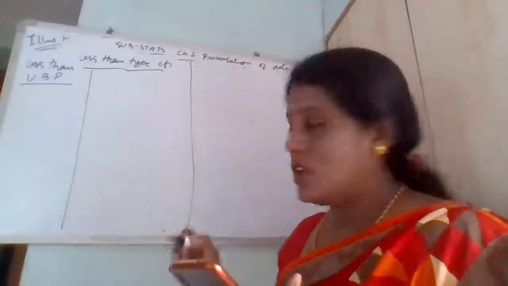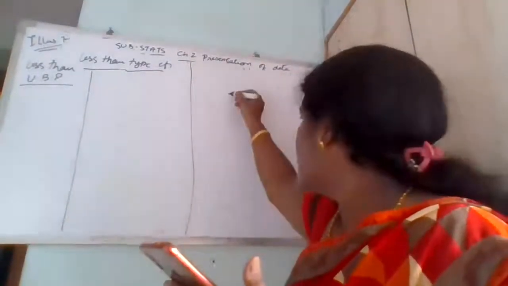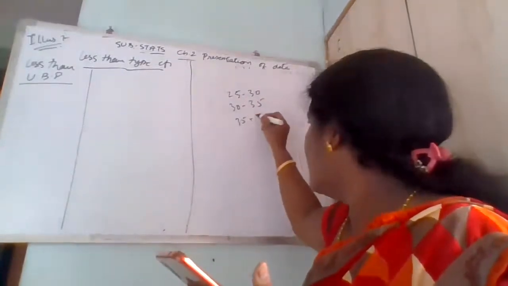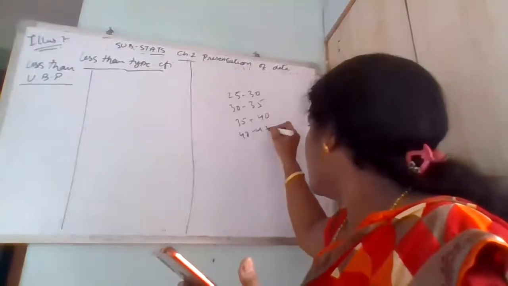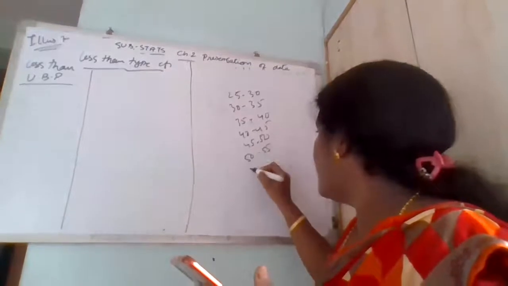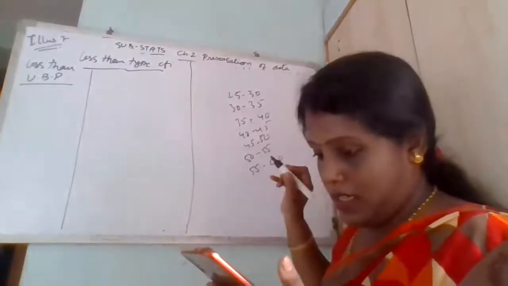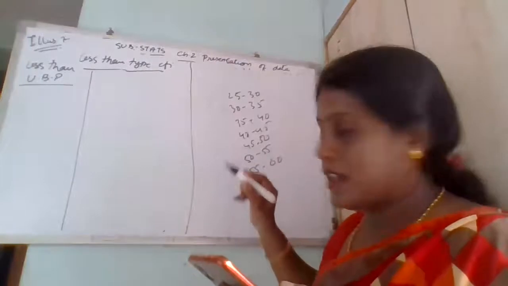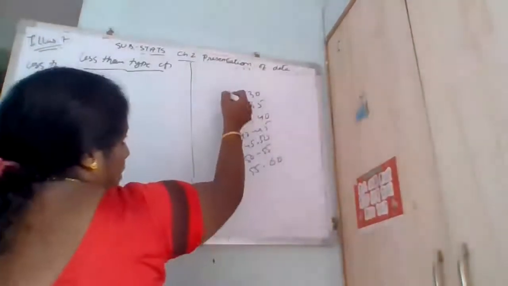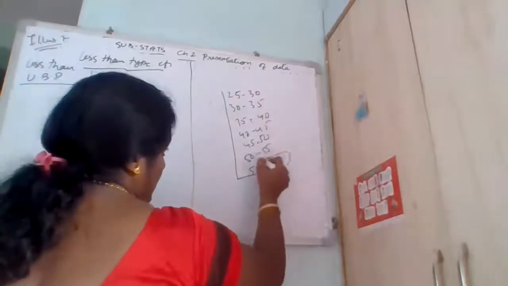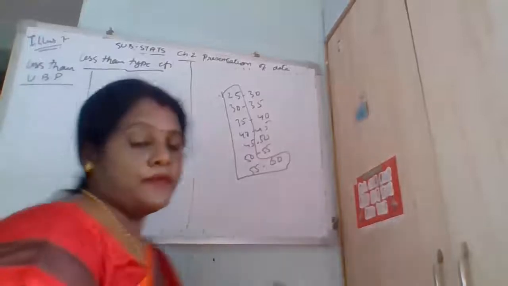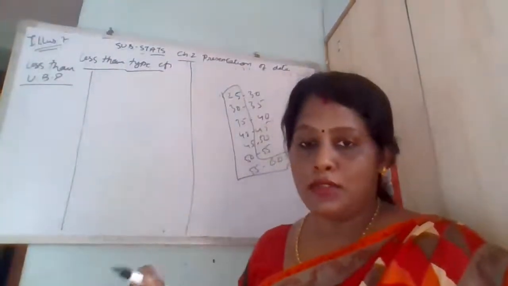So what was our class? 25 to 30, 30 to 35, 35 to 40, 40 to 45, 45 to 50, 50 to 55, 55 to 60, right? This was our class. So in short, all the numbers from here till here you have to use.